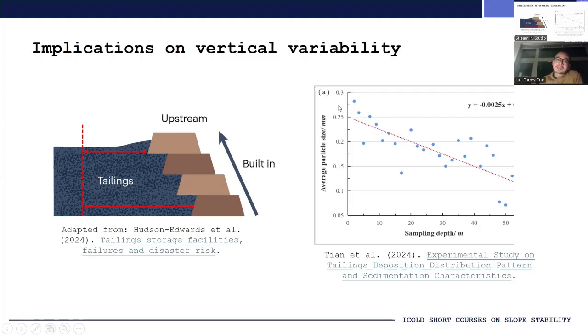So again, that is an expectation that we actually see reflected in experimental data, as shown in this figure on the right-hand side.